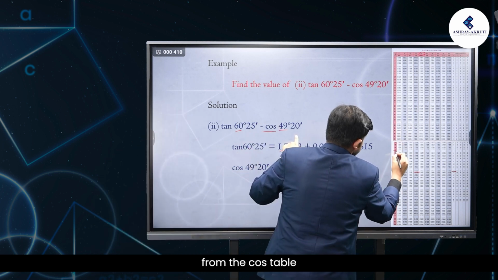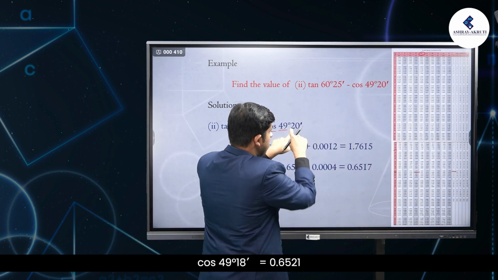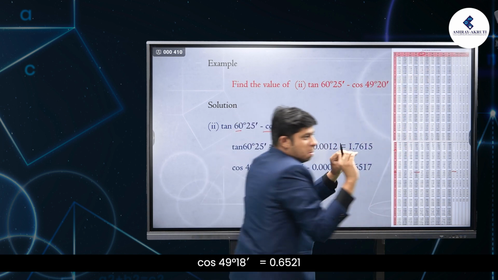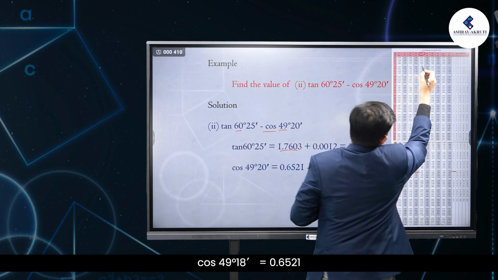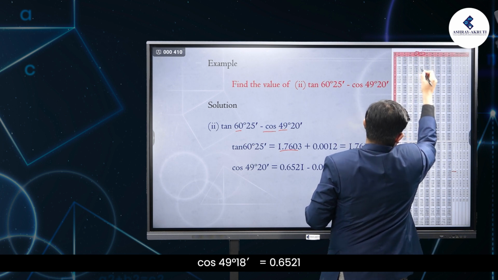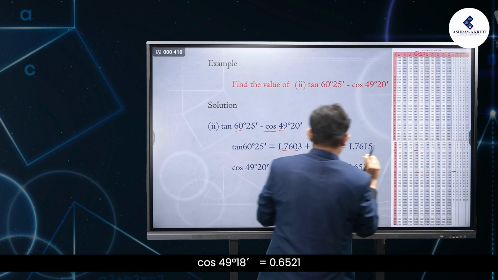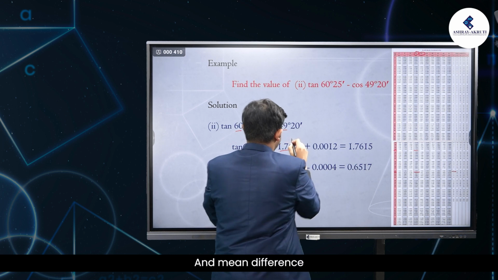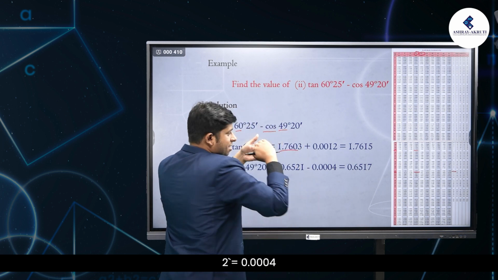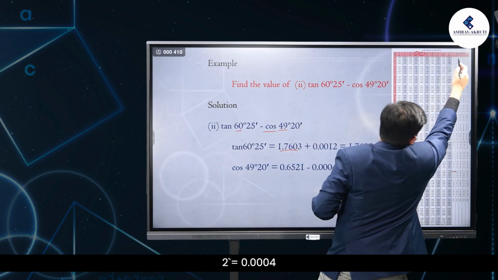From the cos table, cos 49 degrees 18 minutes is equal to 0.6521. And mean difference for 2 minutes is equal to 0.0004.